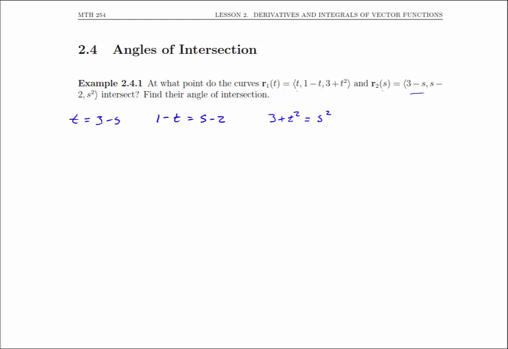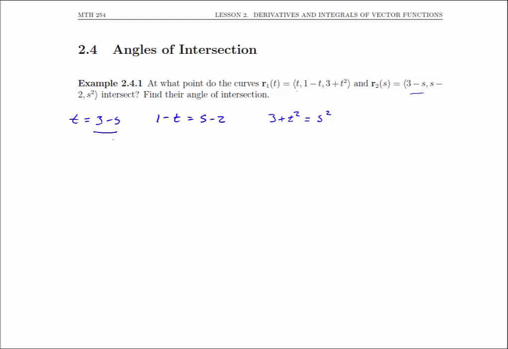Note that we have different variables here because the time for r1 may not necessarily match up with the time for r2. So we have a different variable that's governing the time, the movement along the space curve for this vector valued function.